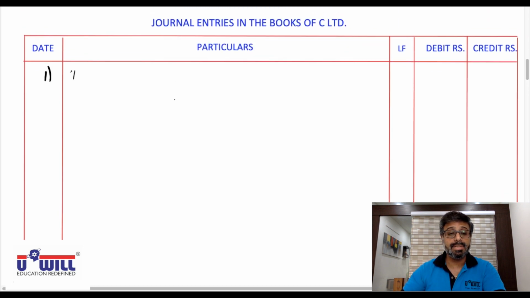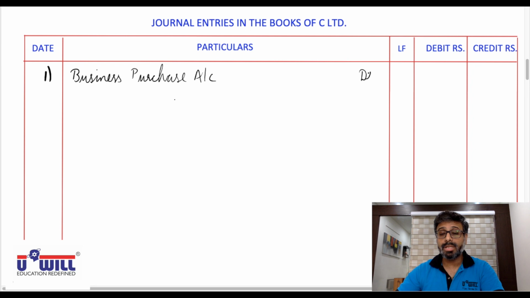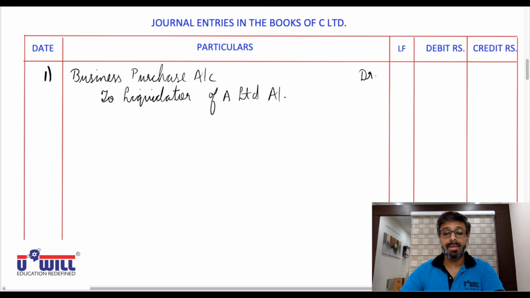So business comes in, debit what comes in, all of you write down business purchase account debit. And the amount is payable to the liquidator. So credit the payable to liquidator of A Limited account and to liquidator of B Limited account.